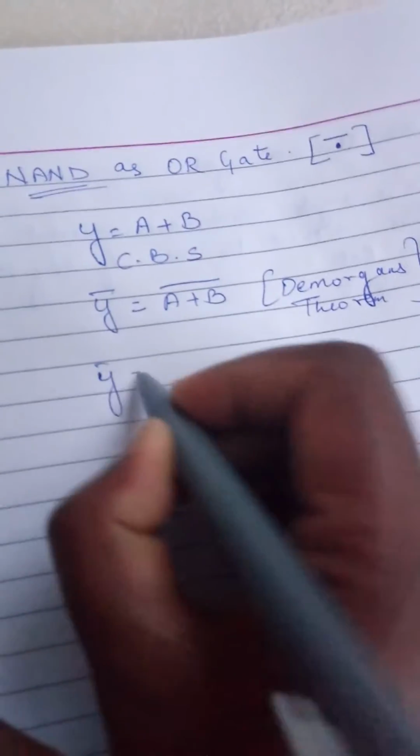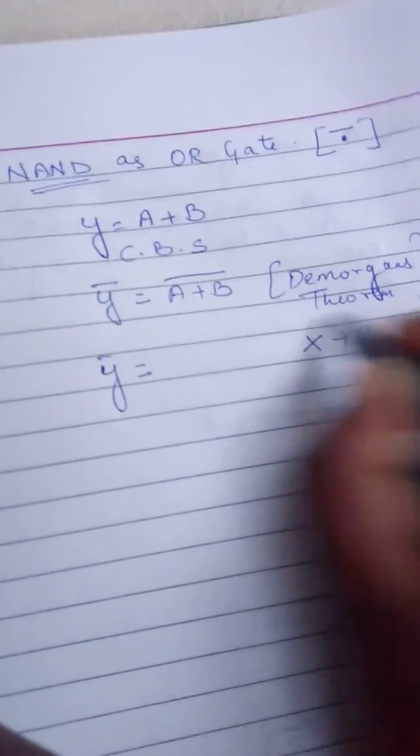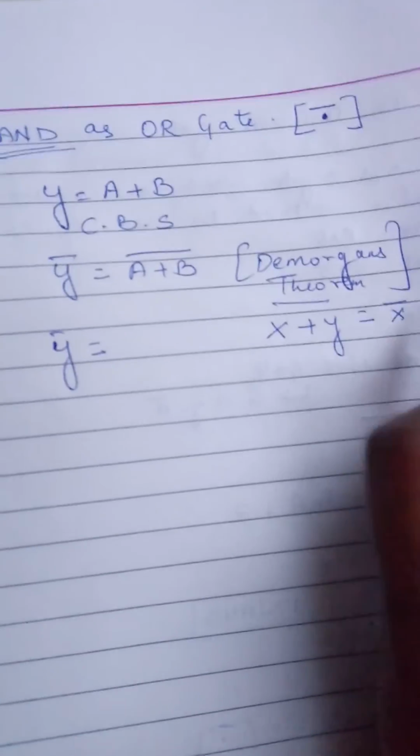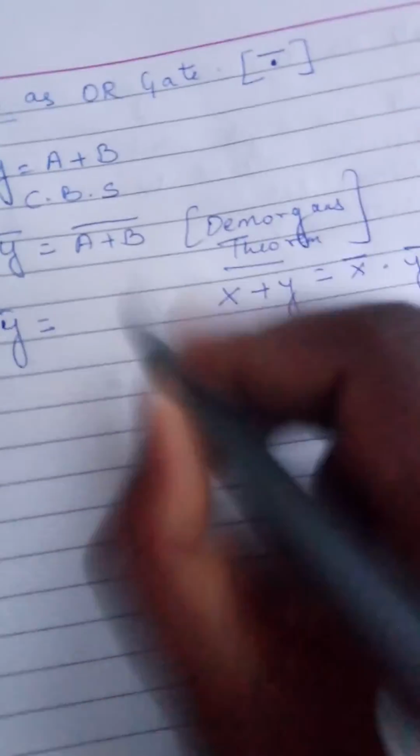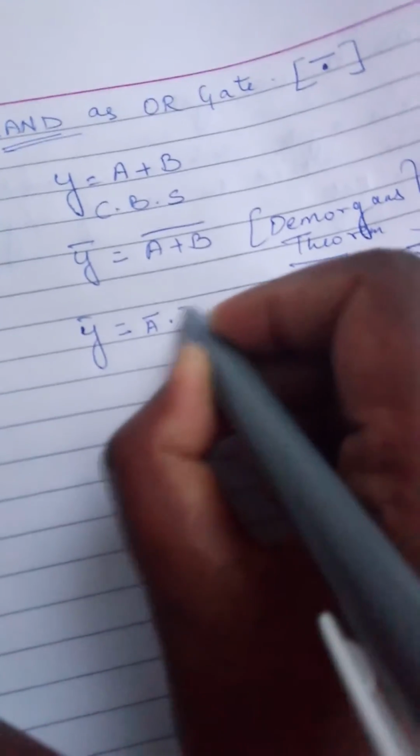When you apply De Morgan's theorem, we have De Morgan's theorem as (x plus y) whole complement is equal to x complement dot y complement. So using this here, you get a complement dot b complement.